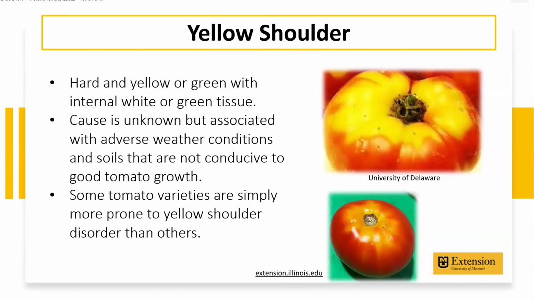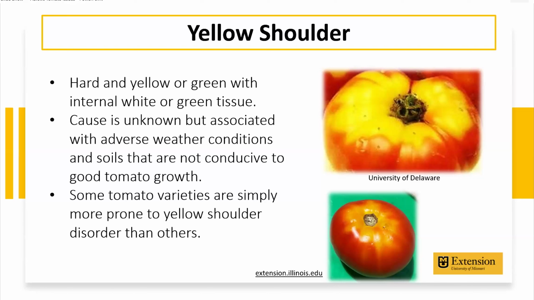Yellow shoulder is also another issue that can occur. They can be yellow along the tops here, as you can well see. They could also remain green, which is a potential. And then when you cut them open, underneath that yellow or that green, they're going to remain and have some white or some green tissue or growth underneath of that regular tomato growth.